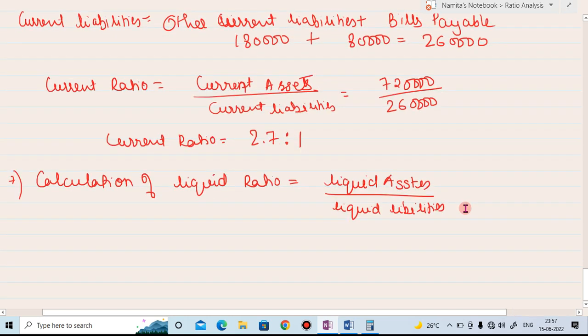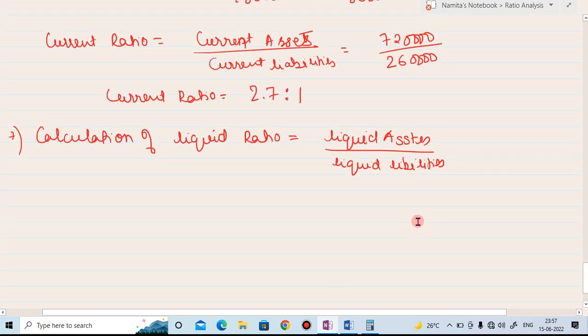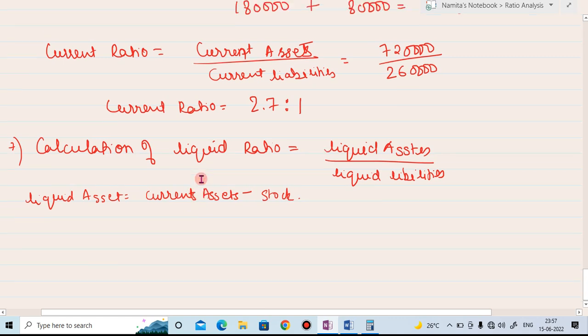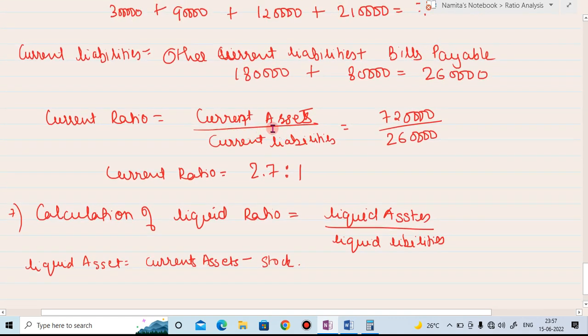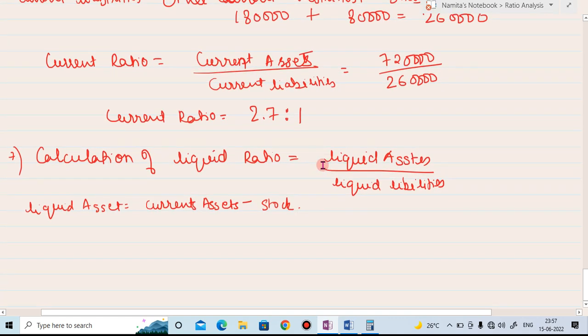So for this also we need to find liquid assets and liquid liabilities. Now to find liquid assets, it is equal to current assets minus stock in trade.